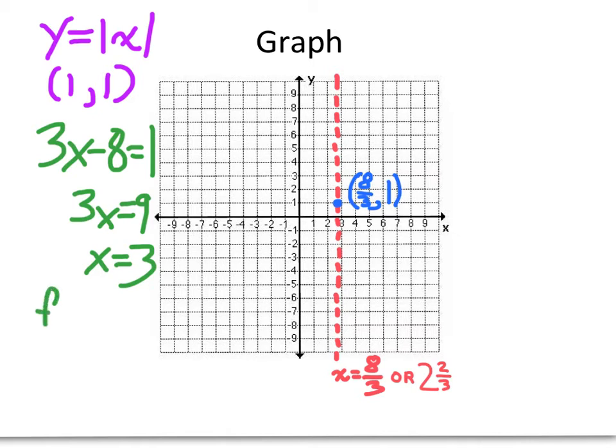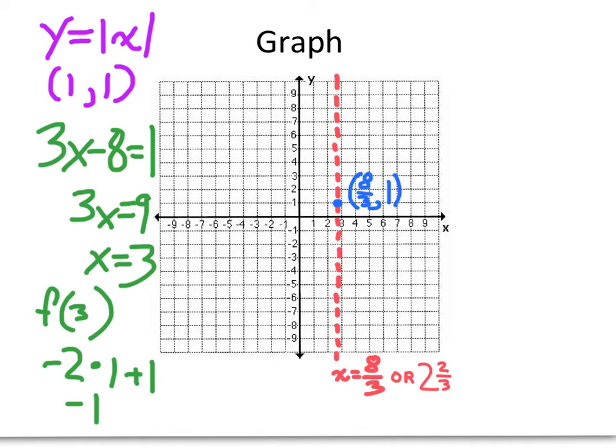Therefore, for f of 3, it's going to be -2 times 1 plus 1, which will give us -1.